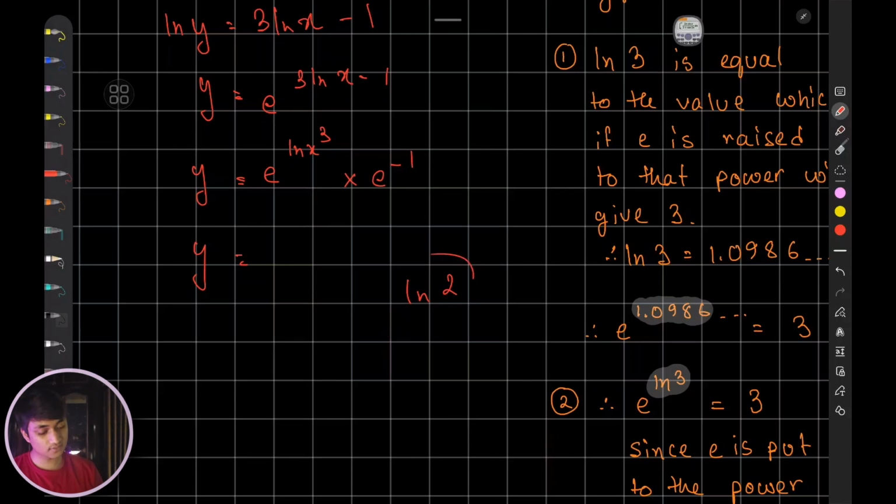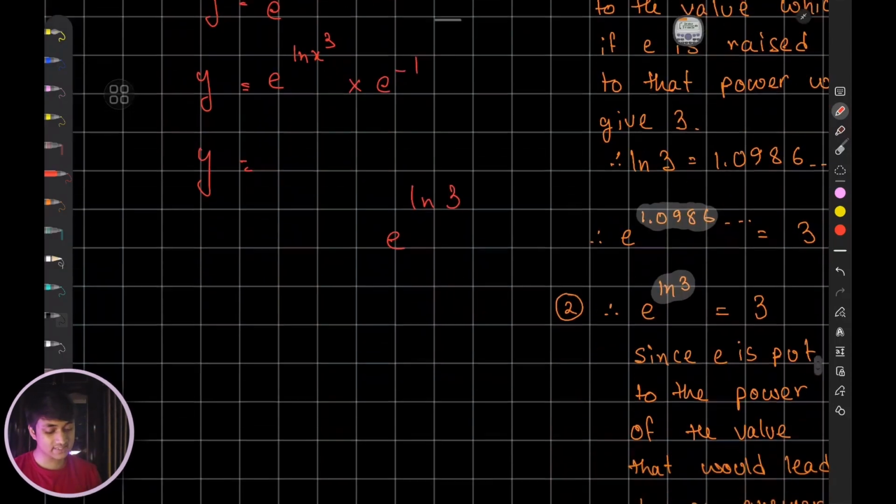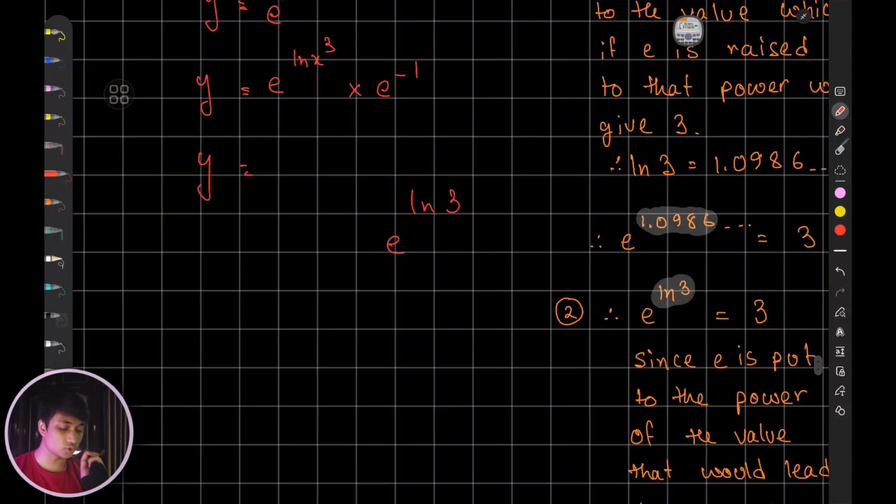What happens in case of ln 3? Ln 3 is telling you what power of e do I need to have the same value as 3. What should the power of e be to get the exact value as 3?